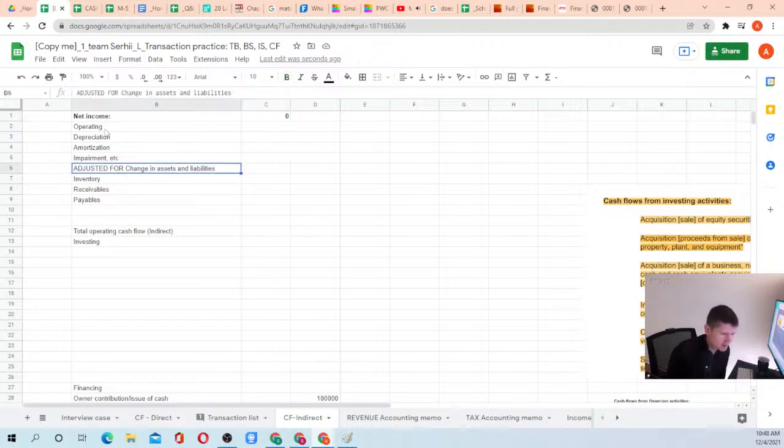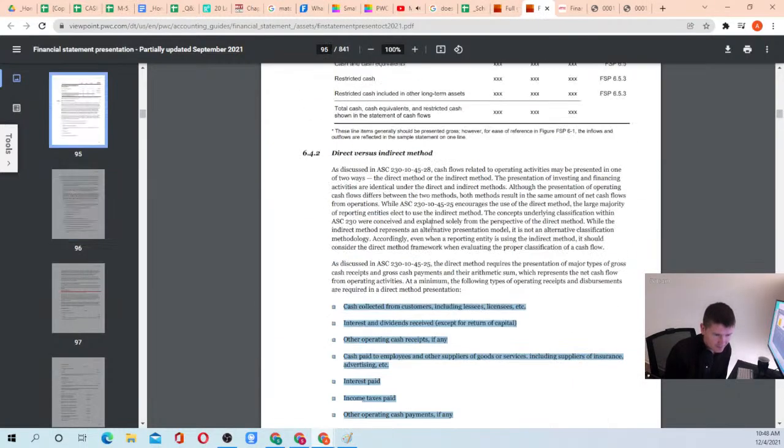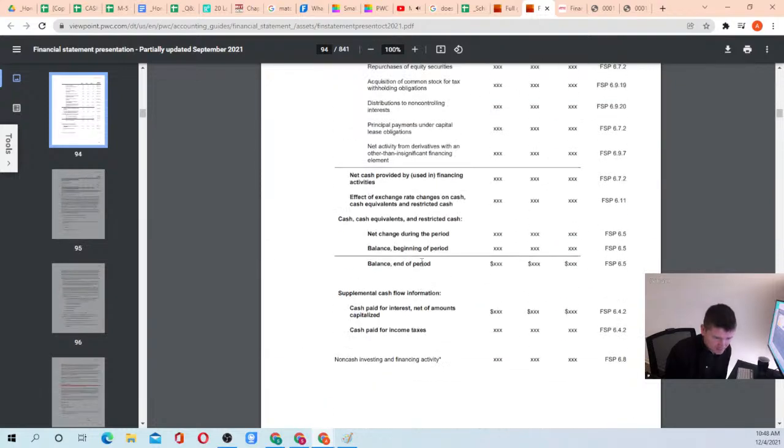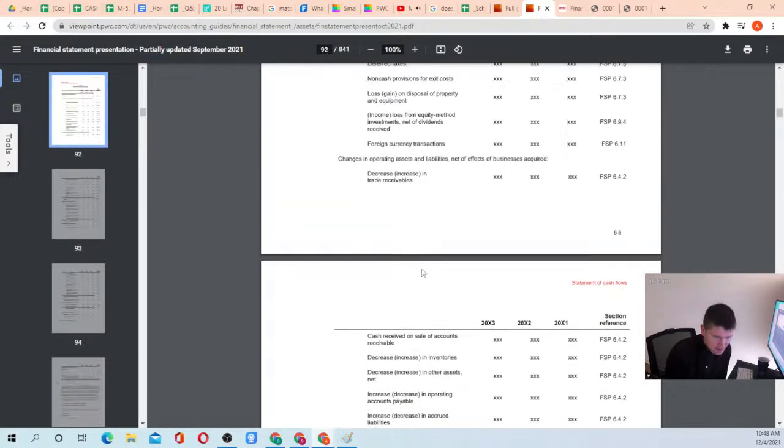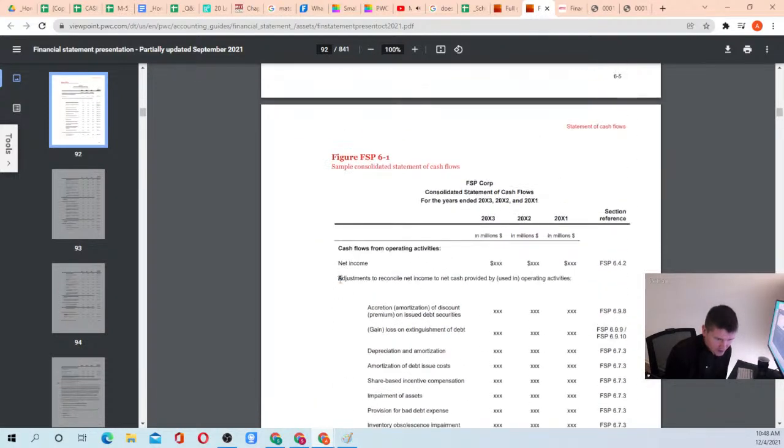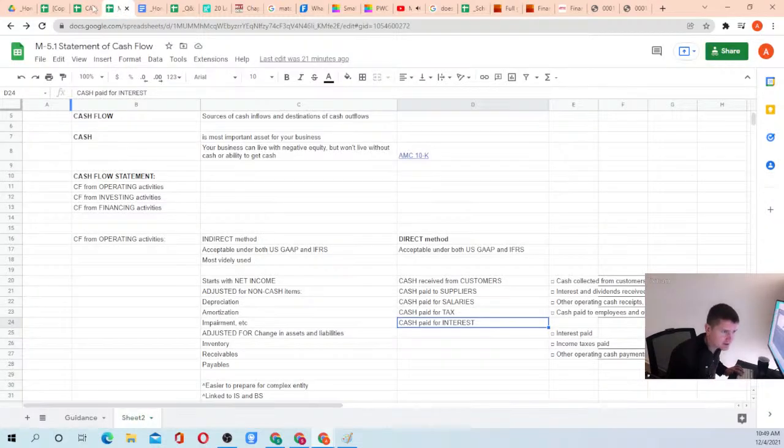Then I look if it has any non-cash impacts here. Let's see. Let's copy the official descriptions of the line items.